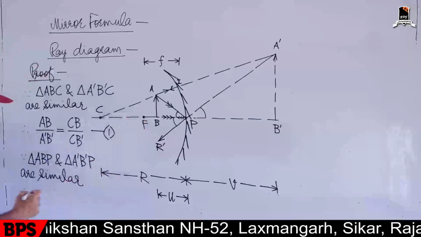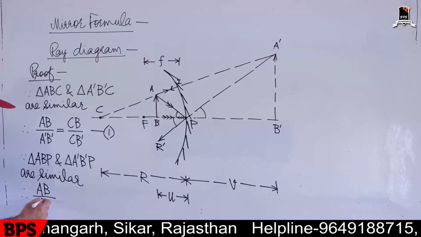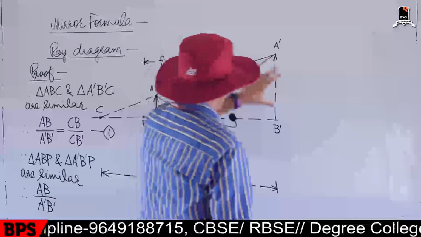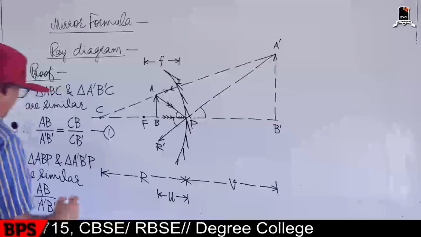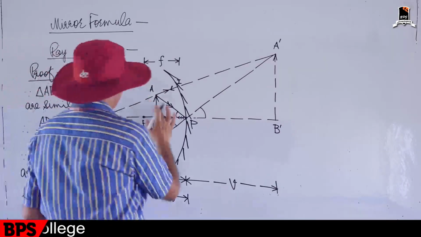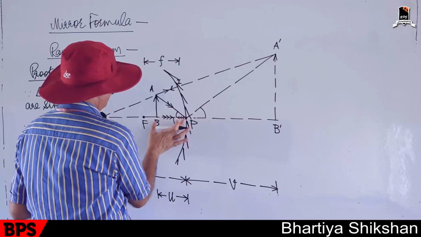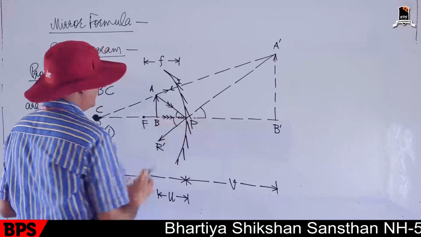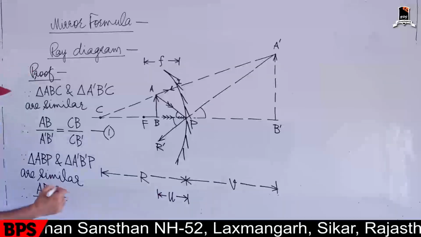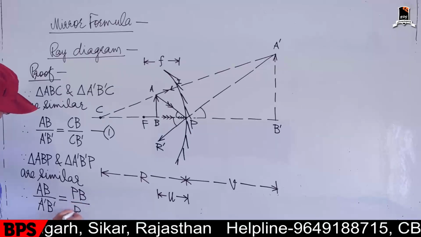So AB divided by A dash B dash is equal to what? Is equal to, in this triangle the related side is this distance. This distance is BP and this distance is B dash P. So PB divided by PB dash.